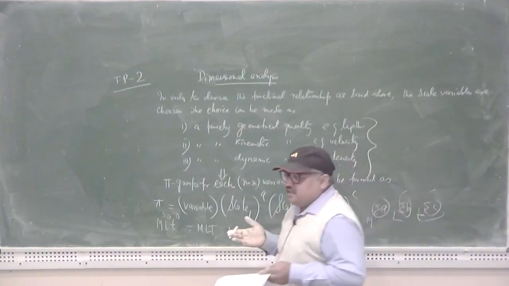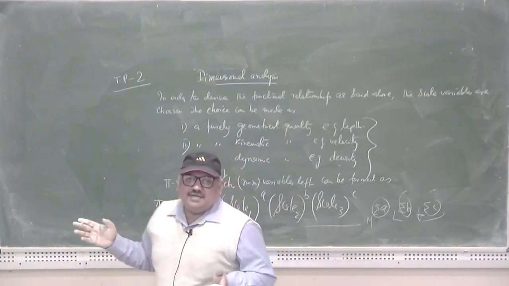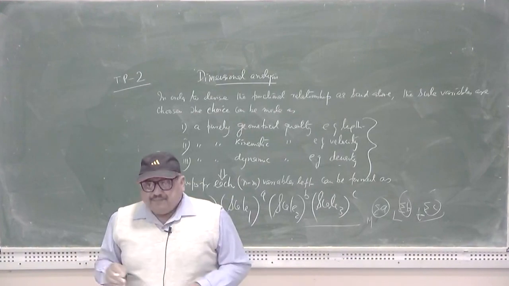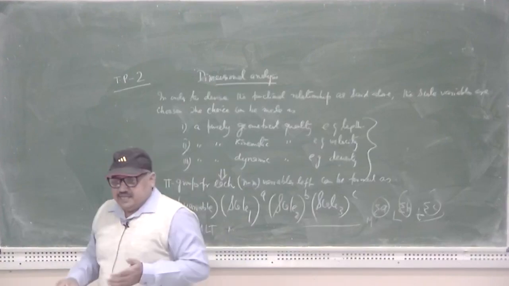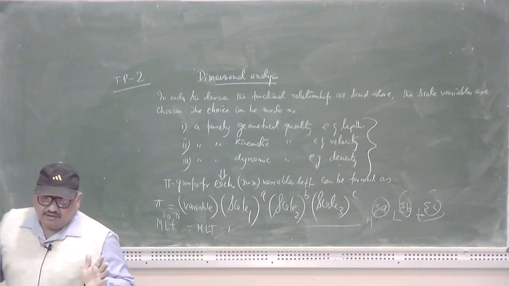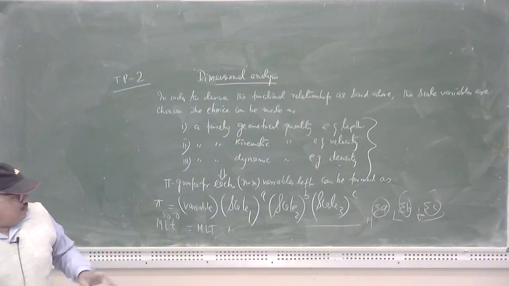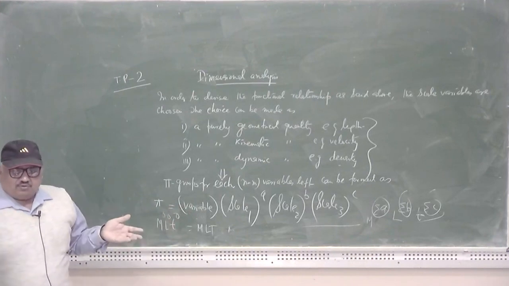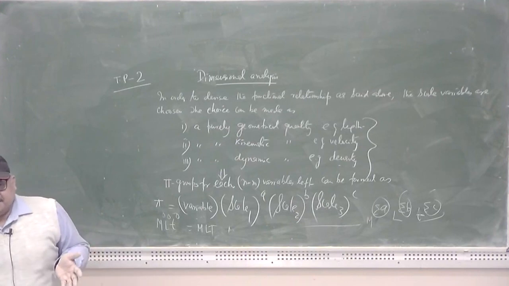You can easily obtain the values of a, b, c, and all those quantities can be determined. Once you determine the values of a, b, and c, you can easily frame the pi group for one of the remaining variables first. Another variable should be taken to arrive at the other dimensionless group.